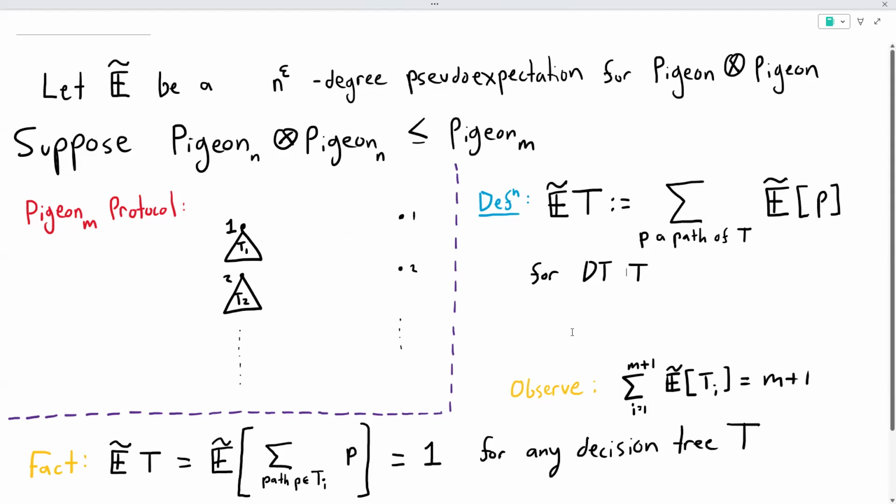Now observe that if we sum over all the T_i here, the decision trees for pigeons 1 through m plus 1, we in fact get the value m plus 1. And this follows from a very simple fact that if you take any decision tree at all and take the pseudo-expectation operator on it, then this will equal 1. And you can see this simply because semantically, a decision tree is just going to be 1 when you blast it out into the sum of its paths.